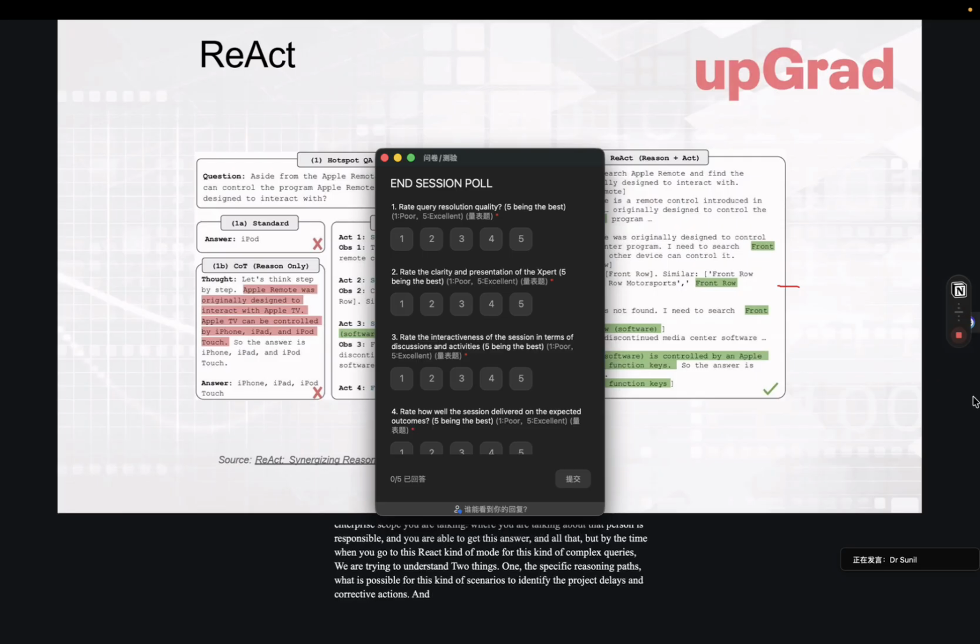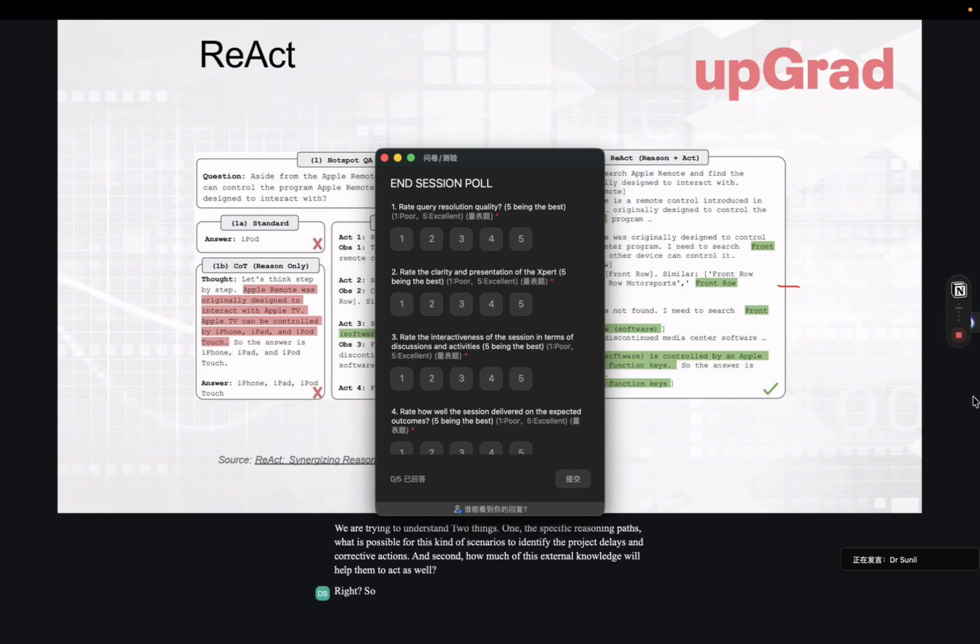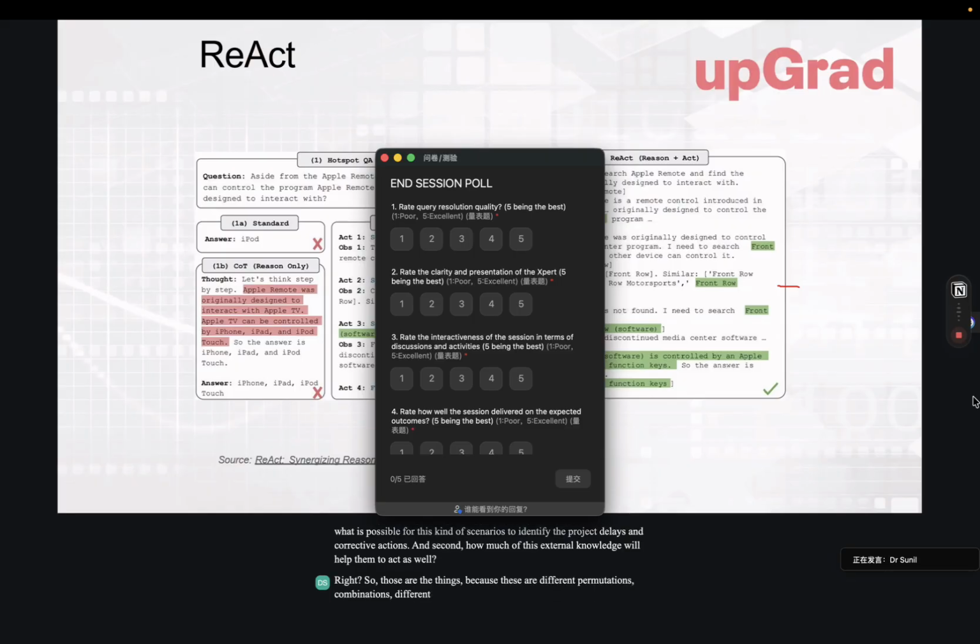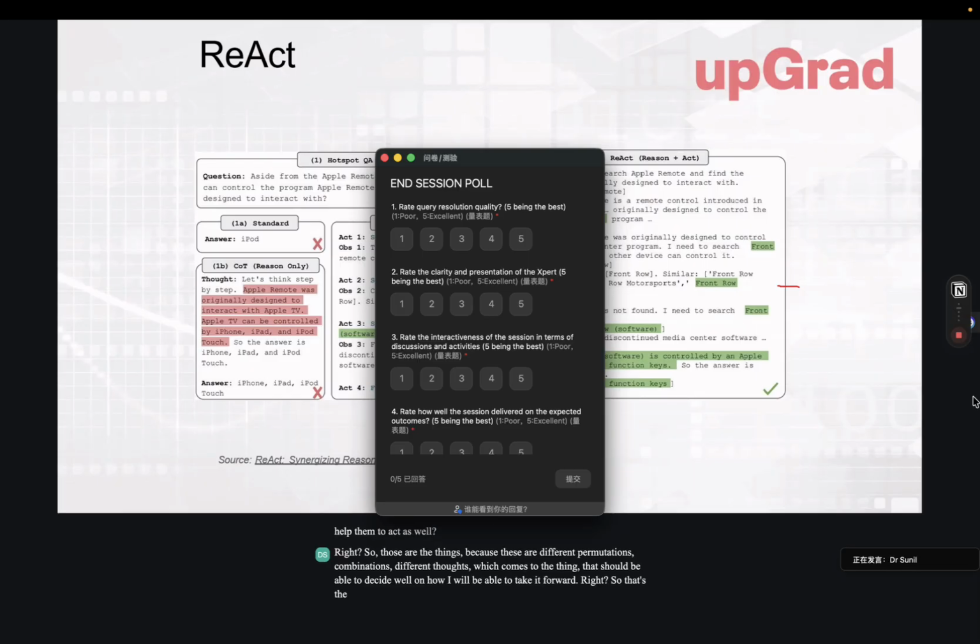And second, how much of this external knowledge will help them to act as well, right? Because these are different permutations and combinations, different thoughts, which help decide well on how I will be able to take it forward. So that's the kind of scenario I am talking about in practice.